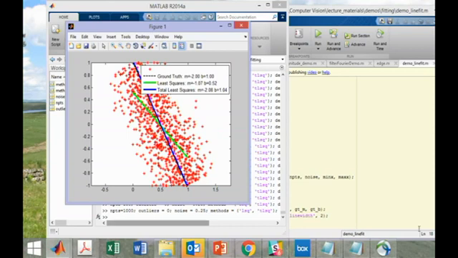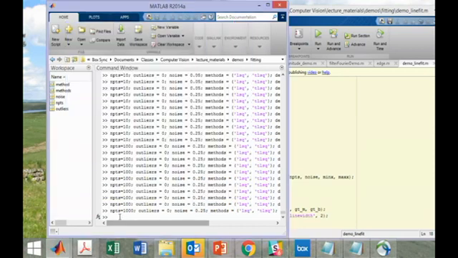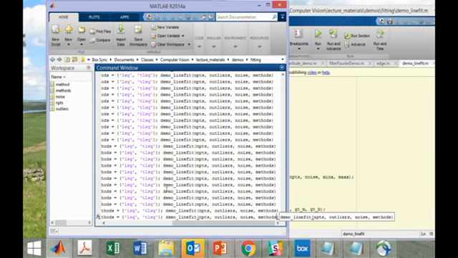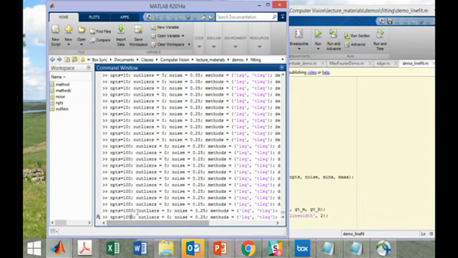So now let's go back to 10 points to start, and I'm just going to have one outlier out of the 10 points. And let's say my noise is a bit more manageable, so 0.01.